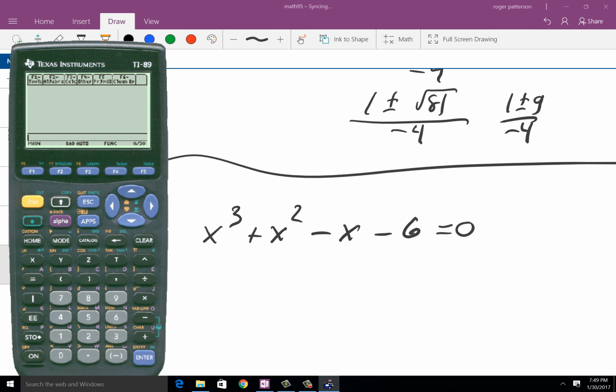Alright, I'm going to write up here for a little bit. So, when we had a quadratic, that is called a 2nd degree polynomial. Because what's the highest power on it? Squared. 2. This one's a cubic. It's called a 3rd degree polynomial, because what's the highest power on it? 3.